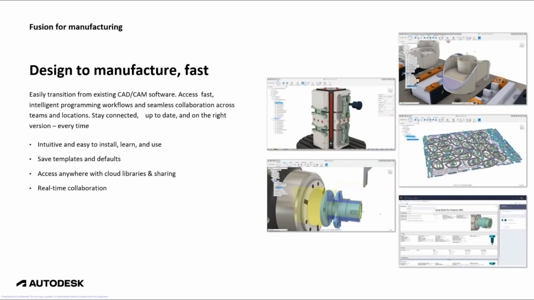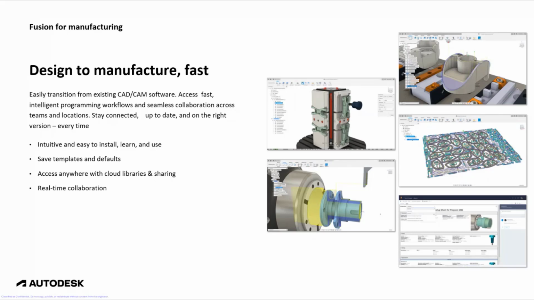Design to manufacture: easily transition from existing CAD/CAM software, access fast, intelligent programming workflows, and seamless collaboration across teams. Applications stay connected, up to date, and on the right version every time. Intuitive and easy to install, learn, and use. Set templates and defaults.